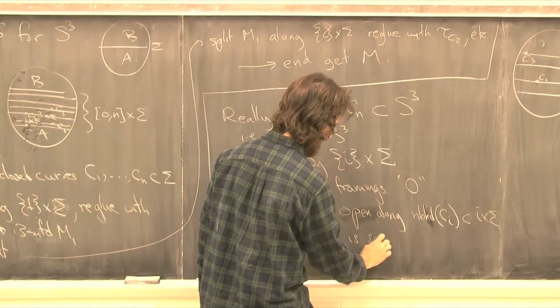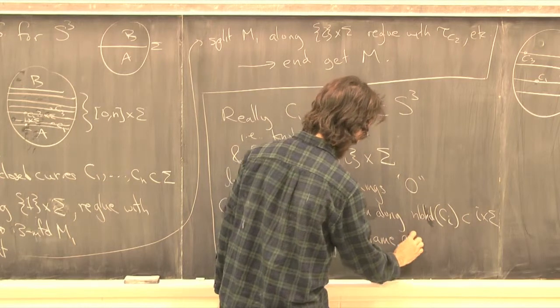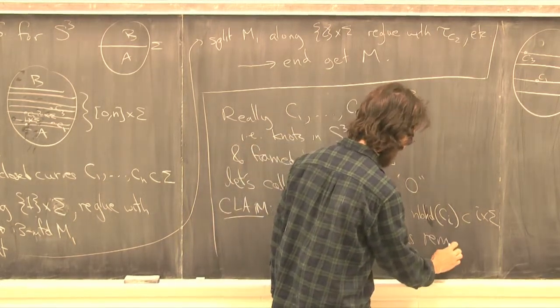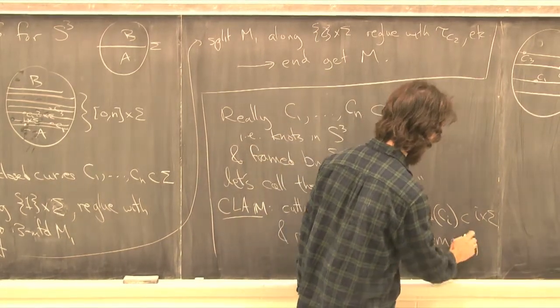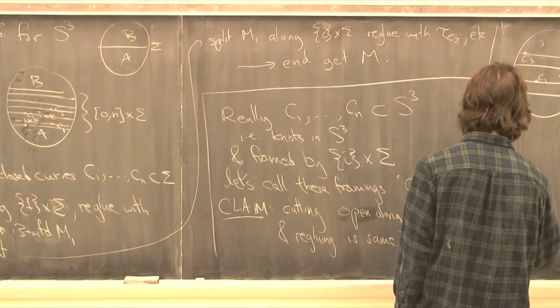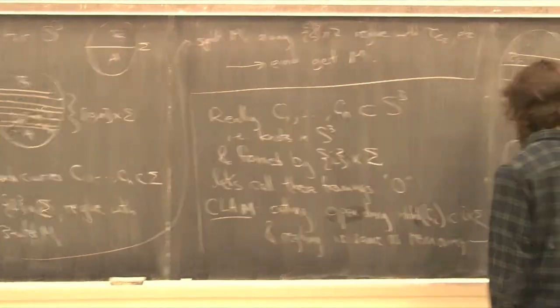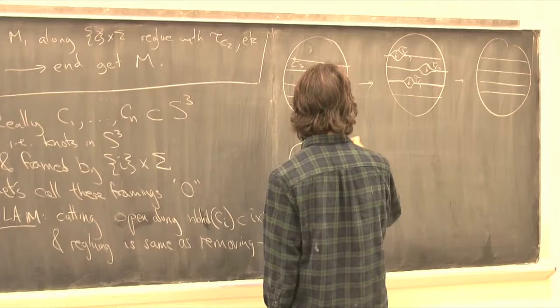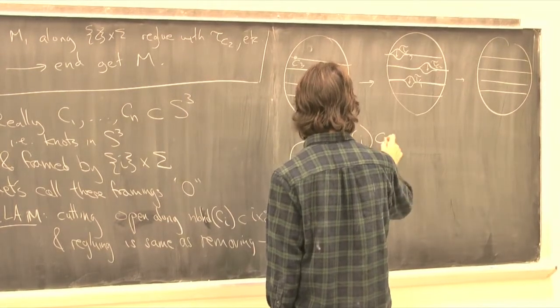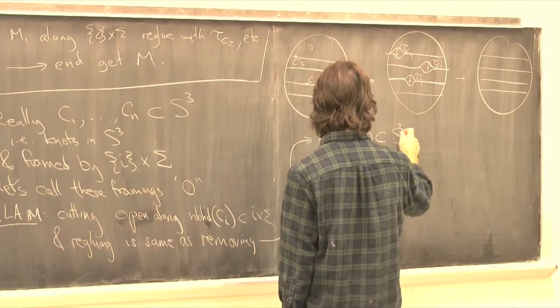is the same as removing. Same as means produces a manifold diffeomorphic to removing a neighborhood of CI inside S3.